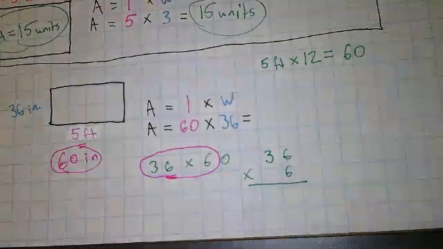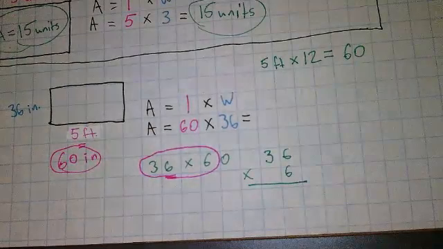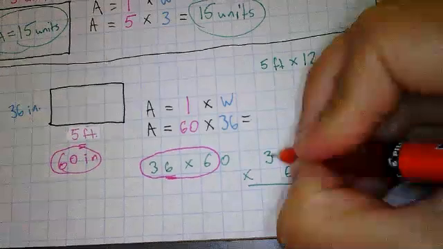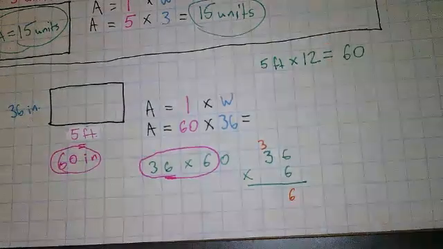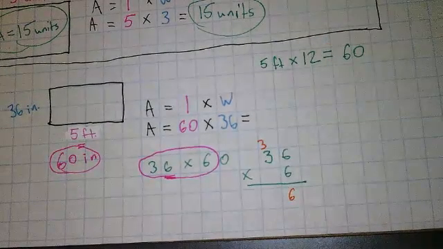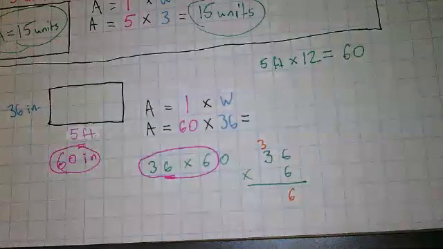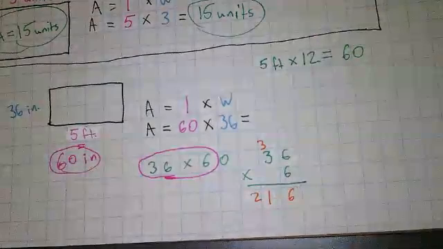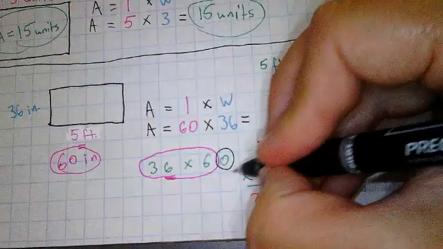Well, let's find out. What is 6 times 6? 36. I'm going to put my 6 here, my 3 here. What's 6 times 3? 18 plus 3? 21. And then, don't forget, I got to put my 0 over here.